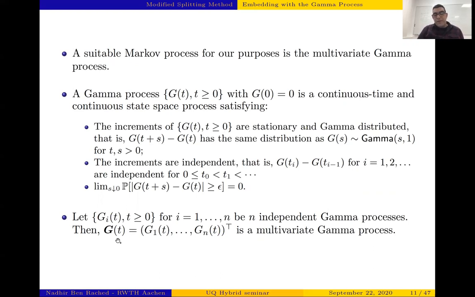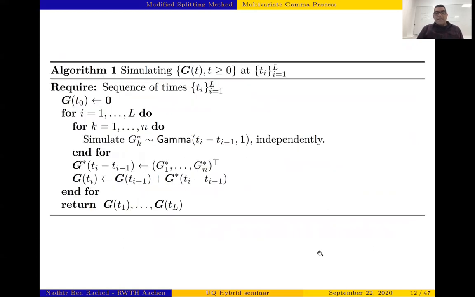Next, to define the multivariate gamma process, we let G1 to Gn be independent gamma processes, and we collect them into a single vector G, which is the multivariate gamma process. This is a simple algorithm to generate the gamma process.